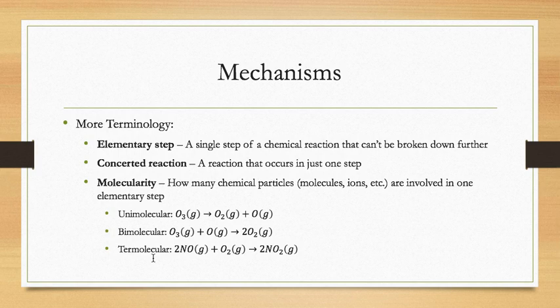But it's very unlikely that three cars would collide all at the same instant. And if you take that one step further, four cars colliding, anything beyond that just becomes statistically impossible. You have to really try to make that happen. So you really only have to worry about unimolecular and bimolecular, and very occasionally termolecular.